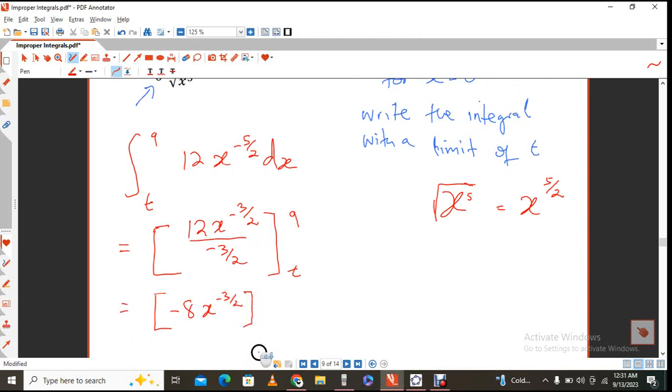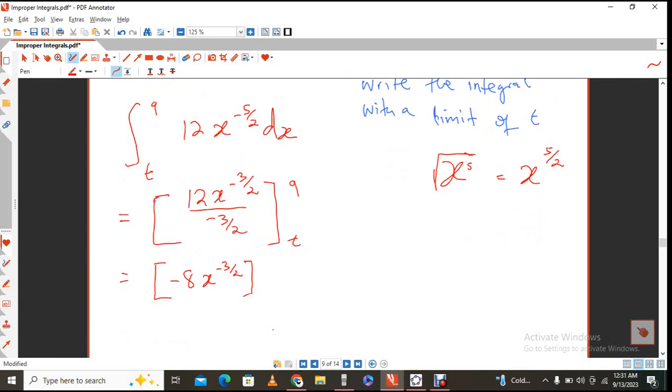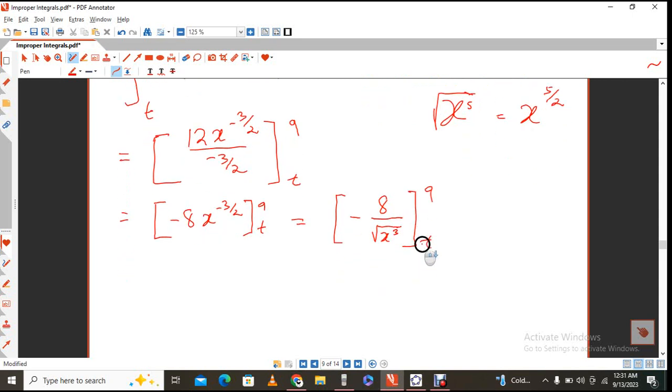And let me just scroll up here. So that is again from t to 9. Of course, this can be written as negative 8 over the square root of x cubed. I'm going to go back and write it like that, from t to 9. So now I'll just substitute in the limits.